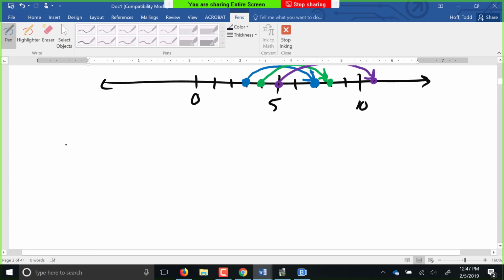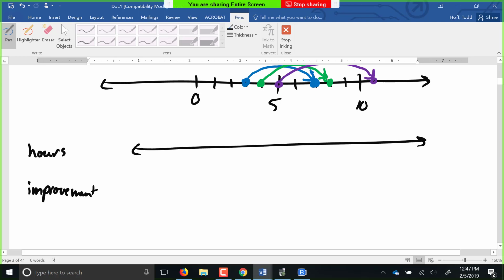Some efforts were made to use two number lines. First number line represented the hours studied. Second number line represented the improvement.